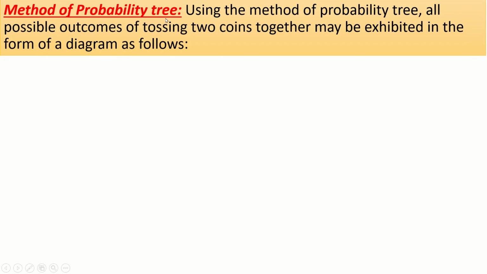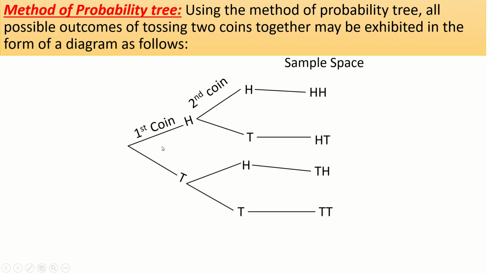Method of probability tree. Using the method of probability tree, all possible outcomes of tossing two coins together may be exhibited in the form of a diagram as follows. First coin after tossing will get either head or tail. First coin head, but second coin will be head or tail, or first coin tail, second coin will be head or tail.